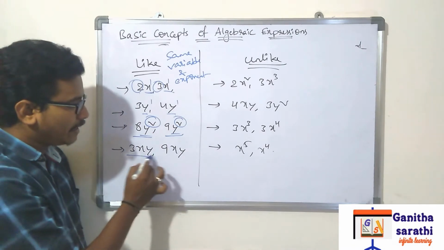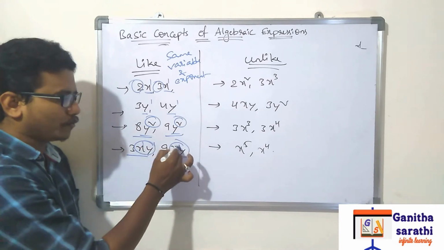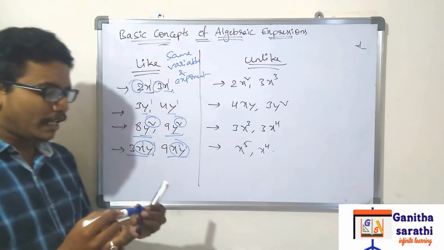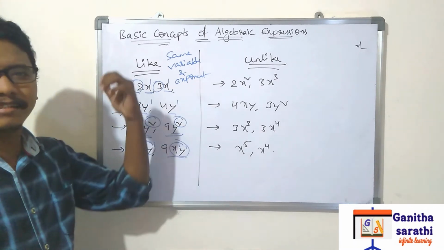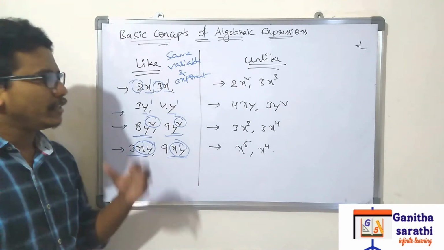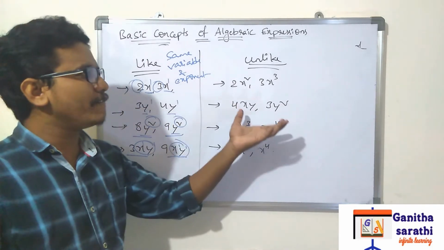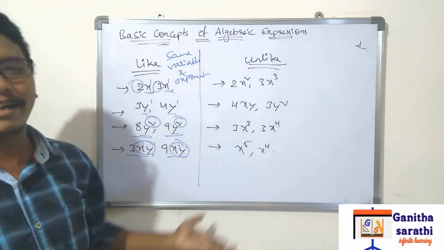And here 3xy and 9xy, xy is the common variable, powers are 2. So how can you define it? Like terms are defined as expressions that contain the same variable and exponent. If the expressions do not contain the same variable and exponent, then they are simply unlike terms.